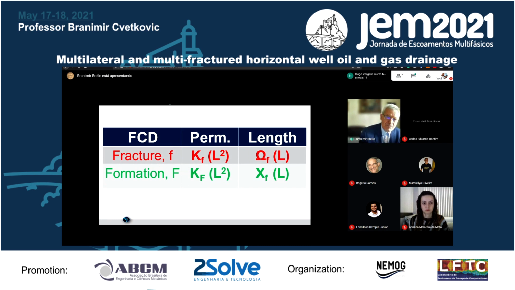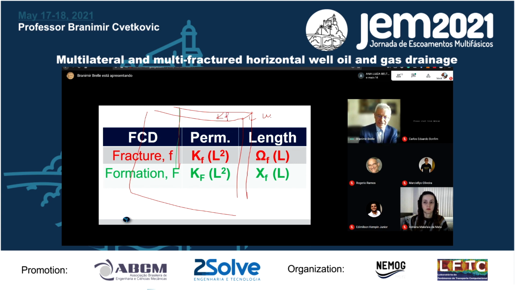So repeating once again, I have this, and let's say, if this is my fracture, yes. So I have here the fracture width. This is my omega. And I have fracture permeability. So that means permeability inside that fracture. So I have permeability multiplied by omega, okay, on one side.